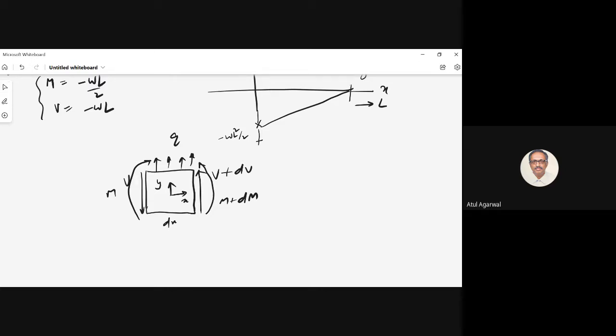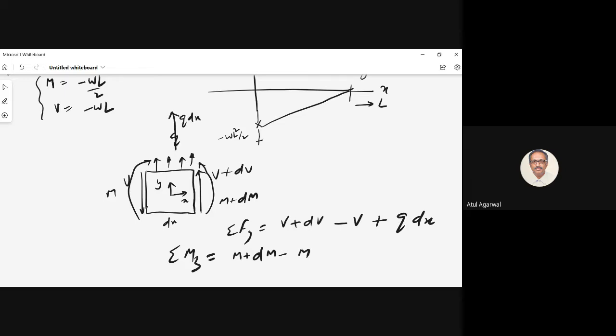So if you do force balance, sigma Fy, V plus dV minus V plus Q dx. If you do sigma Mz, M plus dM minus M, and this Q you see is acting up vertically, Q dx at distance dx by 2, equivalent force.